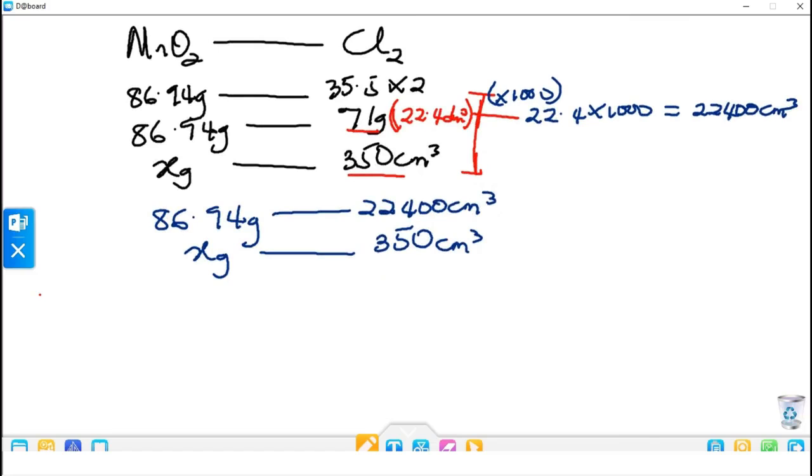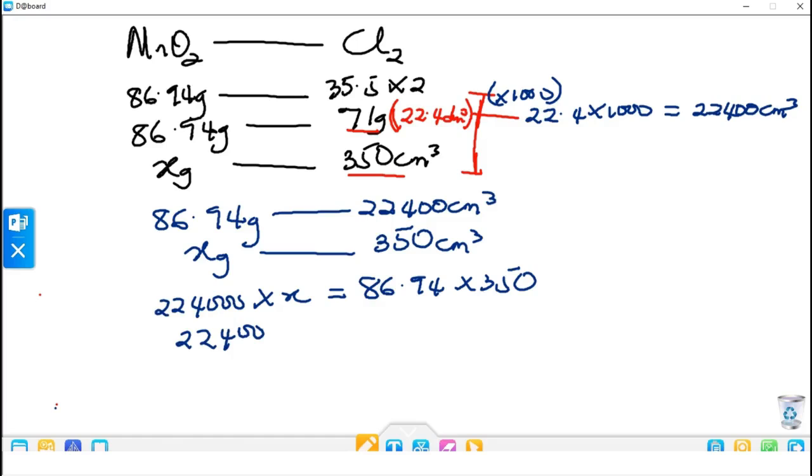So with that, let us cross multiply. Cross multiplying now, we have 22,400 times x is equal to 86.94 times 350.